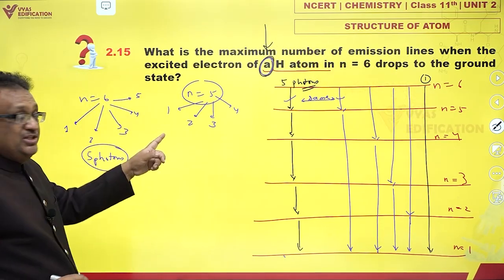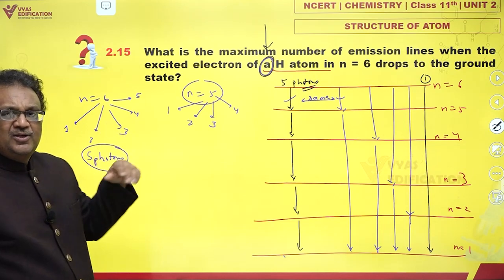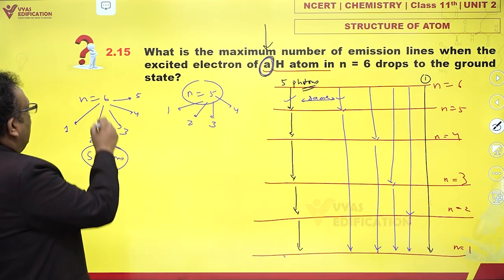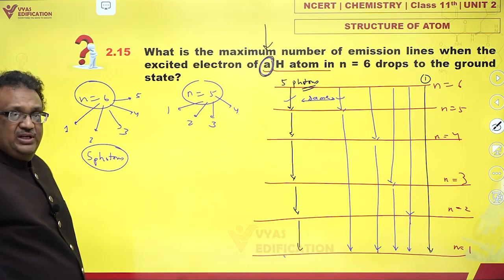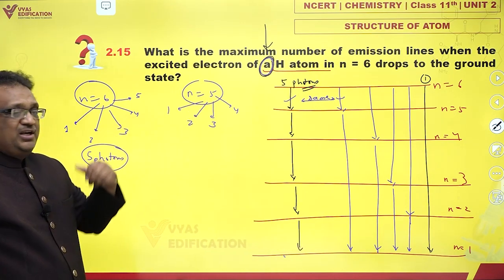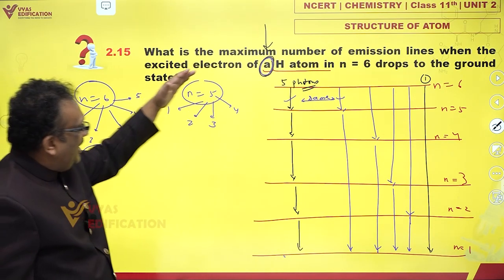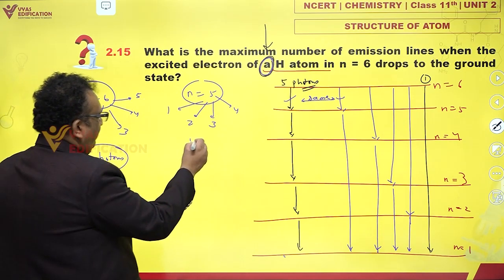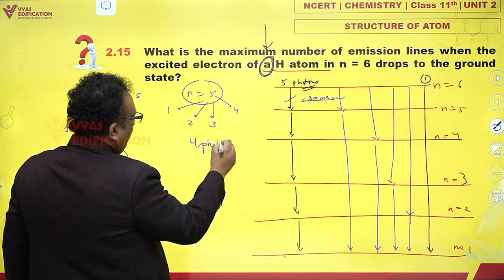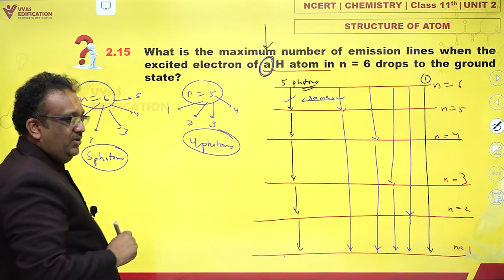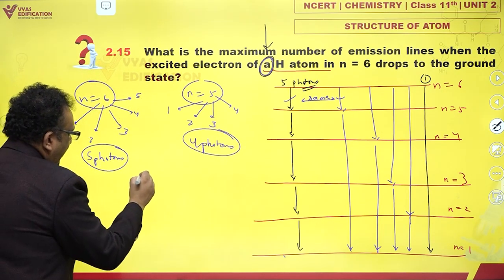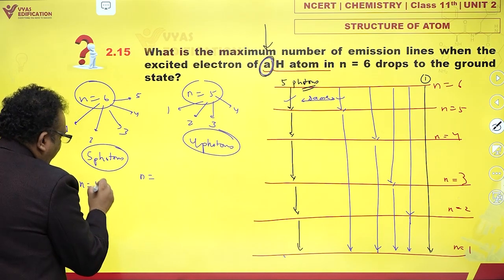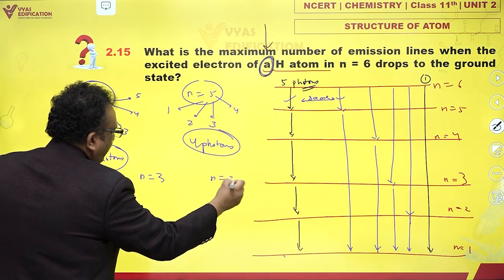But with this method which I'm teaching you, there is no possibility of counting double because in this case you started with n is equal to 6, and in this case, you're starting with n is equal to 5. And 5 is directly going to 4 or 5 to 3 or 5 to 2 or 5 to 1. So there are 4 photons possible. Right? And then n is equal to 4, 3 and 2.